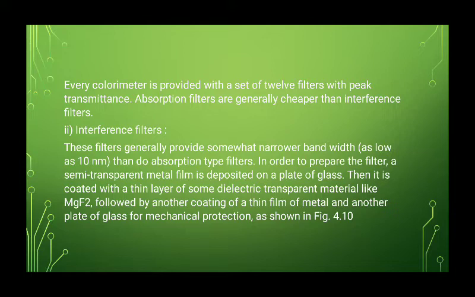Now the interference type filter. In order to prepare the filter, a semi-transparent metal film is deposited on a plate of glass. Then it is coated with a thin layer of some dielectric transparent material like MgF2, followed by another coating of thin film of metal and another plate of glass for mechanical protection.